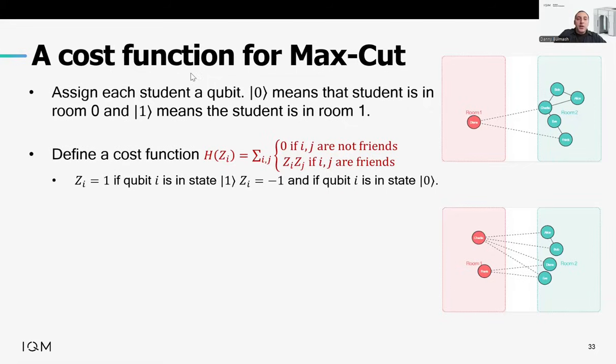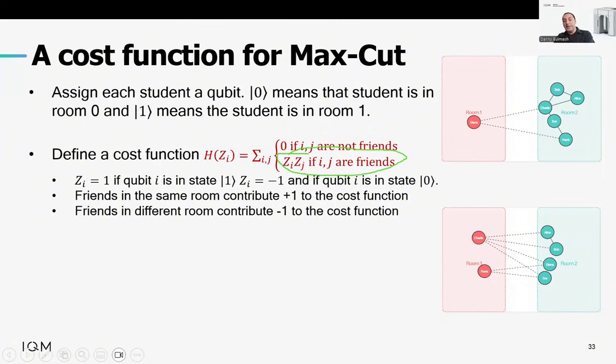Now, if we multiply together the Z's for a pair of students who are friends, let's see what happens. If the students are in the same room, their Z's are either both +1 or both -1. So when we multiply them together, that gives us a cost of +1.